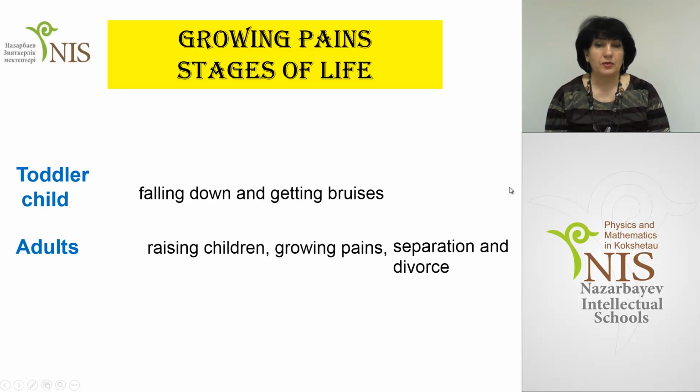So I would like to show you some examples which are quite particular for this or that age stage. Toddler, child: it is quite particular for them to fall down and get bruises. As for adults, they have to raise children, and face growing pains, separation and divorce.